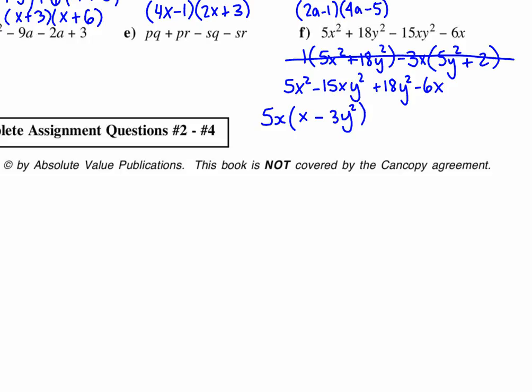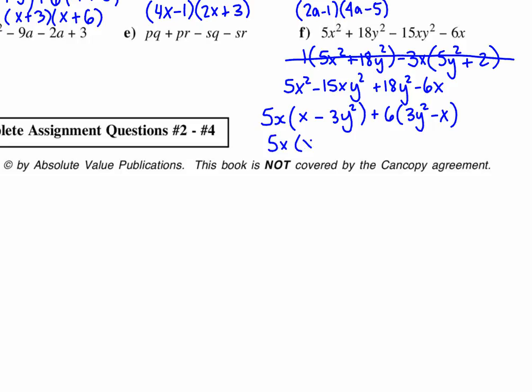Okay, these two. What can you divide both by? 6 is even larger. 6, and we're left with 3y squared minus just x. Now, are those the same? Close. What's wrong? The signs need to switch.